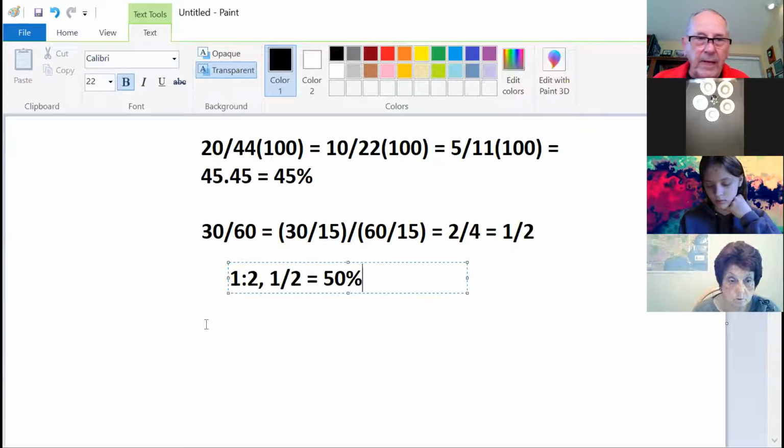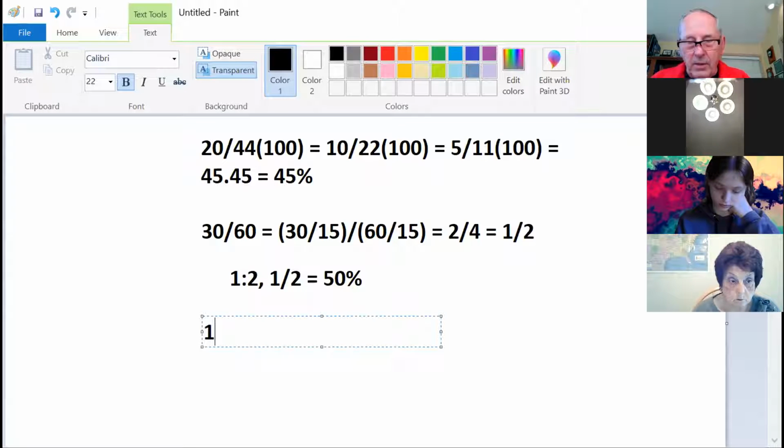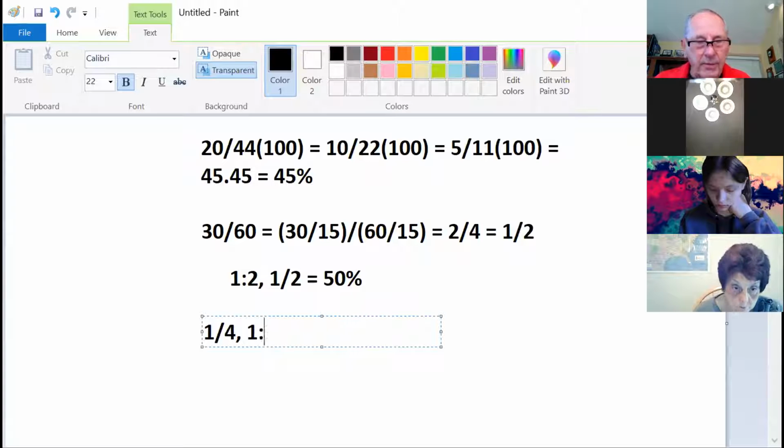So if you had a different one down here, what if it was 1/4? What's the ratio form of 1/4? In other words, this ratio right here, what would 1/4 be equal to? No, I want it like this, 1/4, right? That's what I mean by the ratio. And then convert it to a percent.